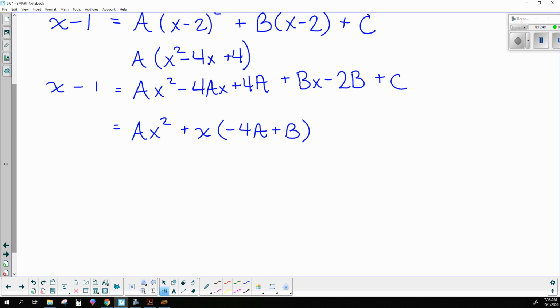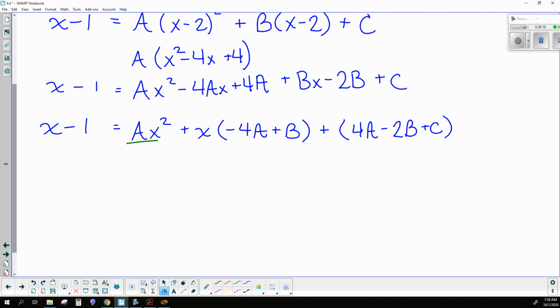And for constant terms, it looks like I have 4a minus 2b plus c. All right. So let's start comparing that to what's on the other side.